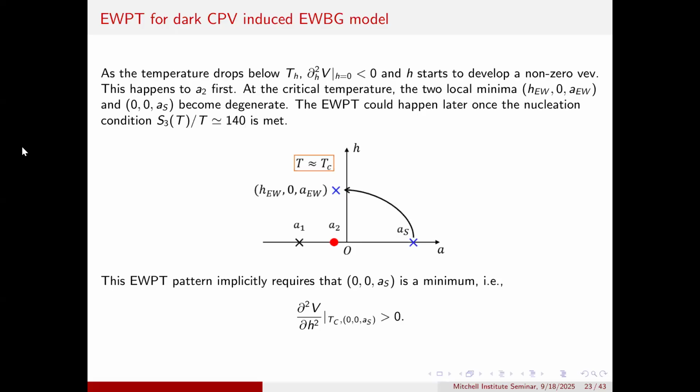So in reality, it would be a very small h with AS. But this is still separate from this vacuum, where we have a much larger h and a much smaller a. Yeah. So in the numerical calculation, you will find that there are two very different minima forming, and the numerical calculation would tell you when the condition is satisfied and there's a transition.